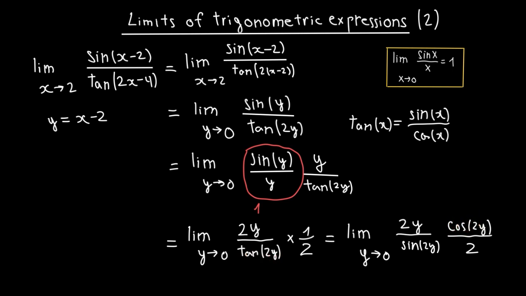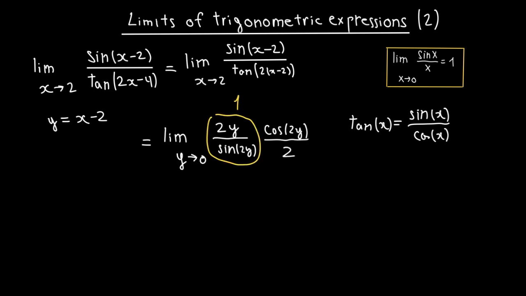And this is great because now we have 2y divided by sine of 2y. And here, the input 2y tends towards 0, and same thing for the 2y on the top. And therefore, we can use this limit over here, well, the reciprocal of this limit, x divided by sine of x.